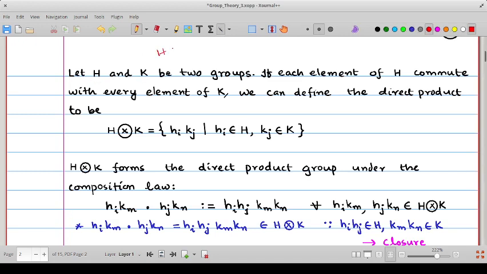Say H is a subgroup of some G and K is a subgroup of the same group G. So in that case, we require that the elements of H and the elements of K commute with each other.